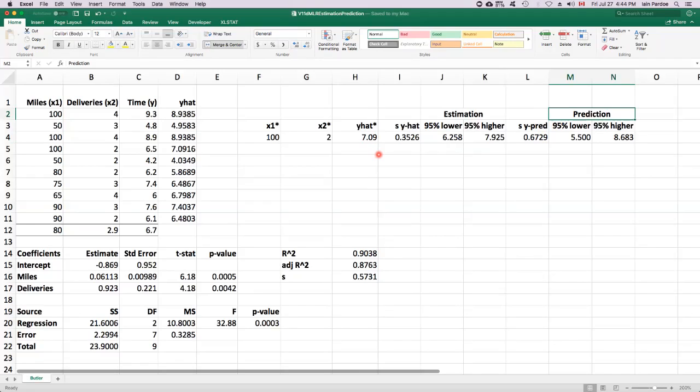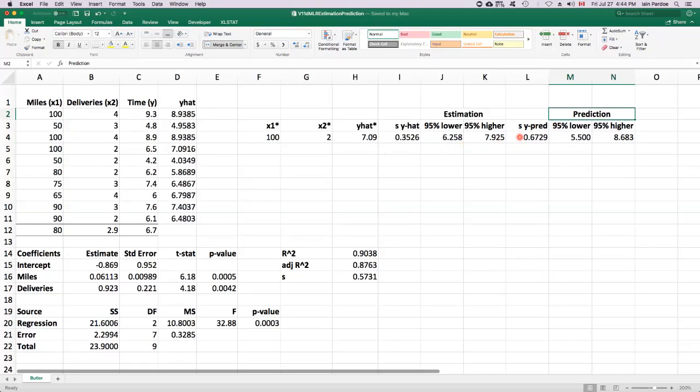And we're going to try to predict the actual travel time for that truck. That's a much harder problem, much harder than trying to estimate the average for a whole bunch of trucks. Trying to predict the actual travel time for that specific truck is much more difficult.